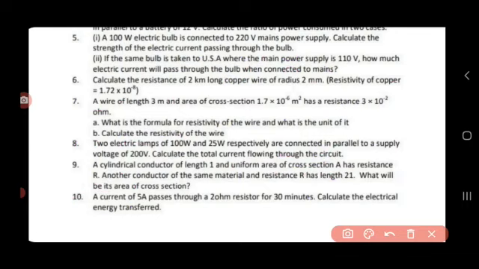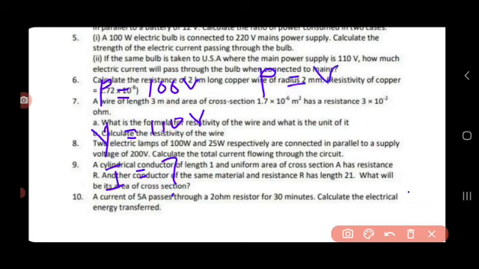You have to find out the current here using the same formula once again. P is equal to V into I. So power is 100, V is 110 into current I. So I is equal to 100 by 110, 0 cancelled out, it is 10 by 11 ampere. So current flow in USA is 10 by 11 ampere. This is all about question number 5.